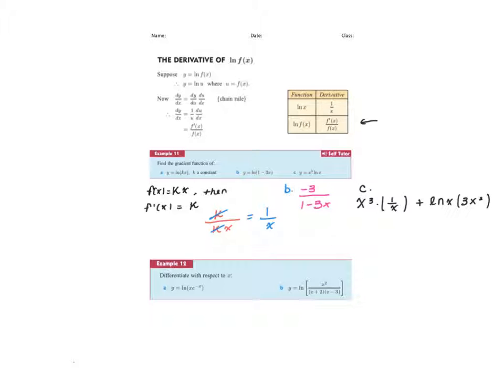Let's just simplify this a little bit, do some rearranging so it looks a little bit cleaner. X squared plus 3x squared ln x. I can easily factor out an x squared, so I'm going to go ahead and do that. And that's your answer.